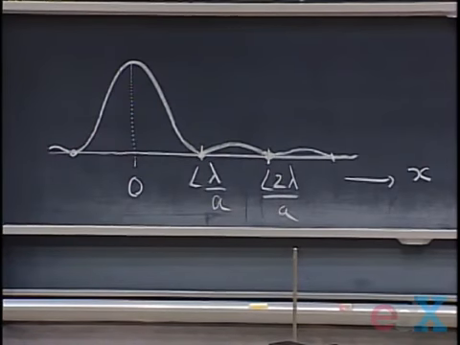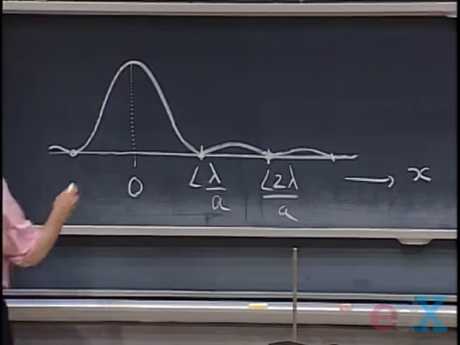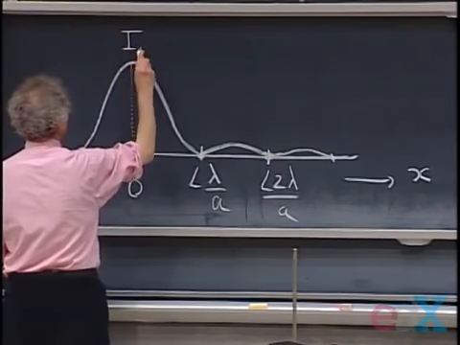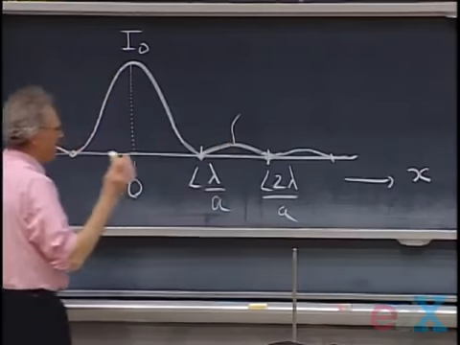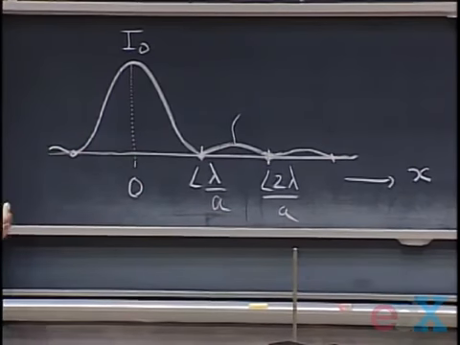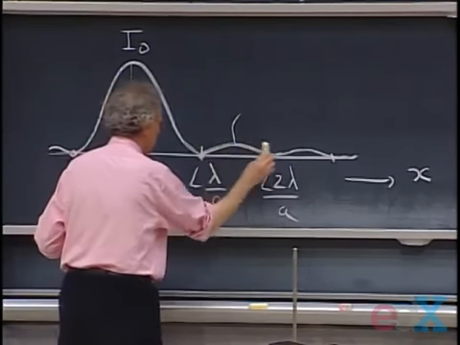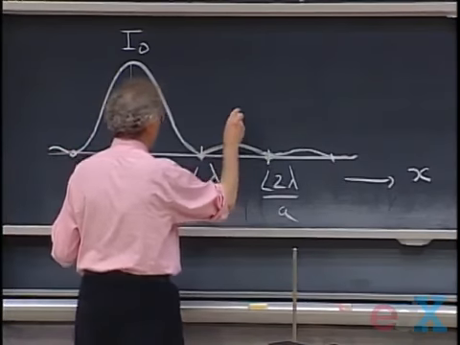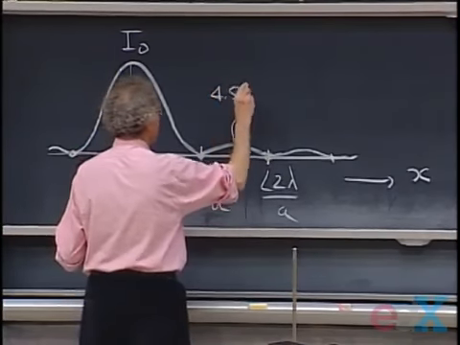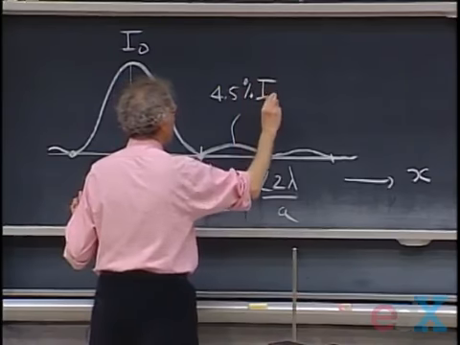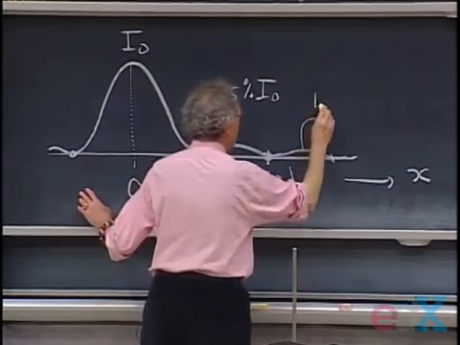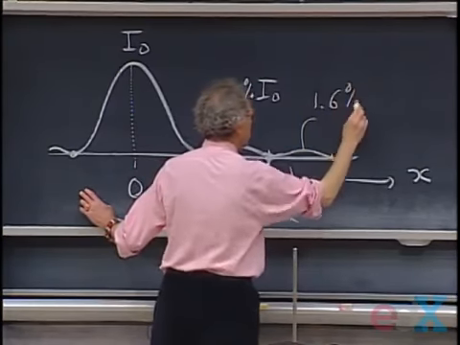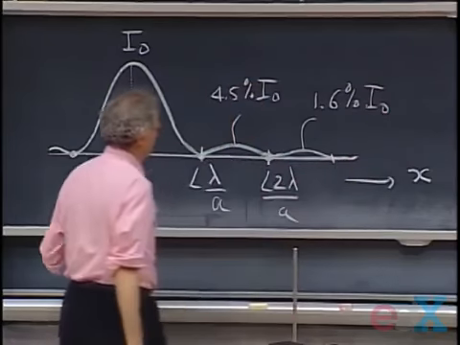And this is very different from anything we've seen with multiple sources. If the intensity here is I0, then the maximum here, which I didn't calculate precisely, somewhere in between these two minima, is very low. It's only 4.5% in strength of I0. And this is even lower. This is only 1.6% of I0.